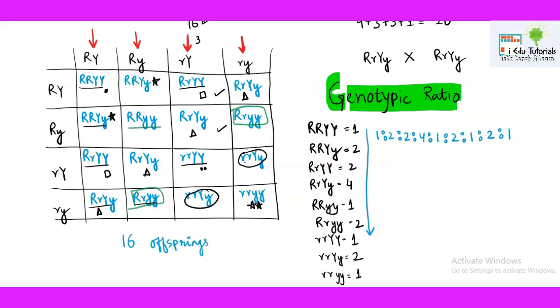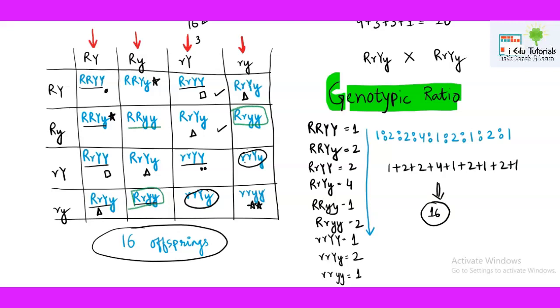If you add these genotypic ratios together, it will come as 1 plus 2 plus 2 plus 4 plus 1 plus 2 plus 1 plus 2 and plus 1. It will give you 16. And this number here, 16, and the 16 offsprings here of the Punnett square, they are matching. That means you have taken each individual.